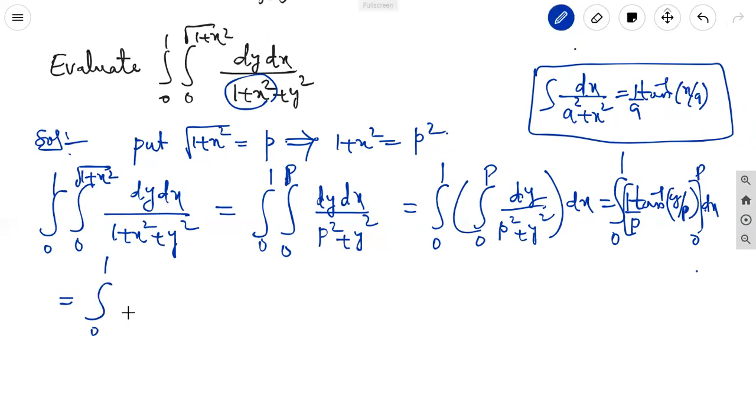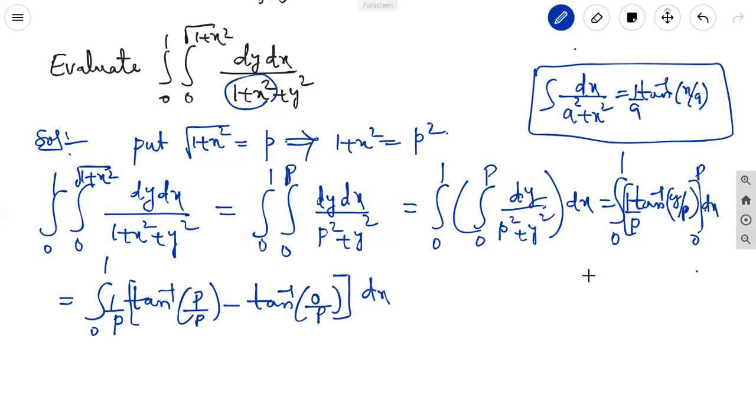Integral from 0 to 1, 1 by p, tan inverse of the upper limit p by p minus tan inverse of the lower limit 0 by p. Tan inverse 0 is 0. Tan inverse 1 is equal to pi by 4.